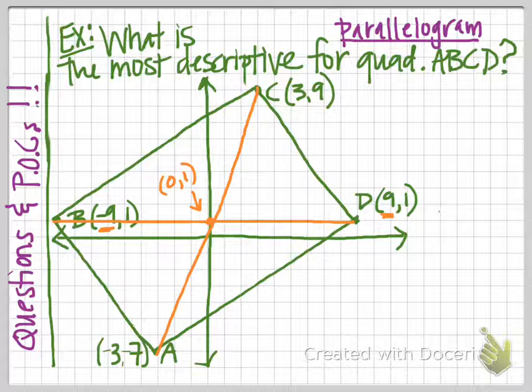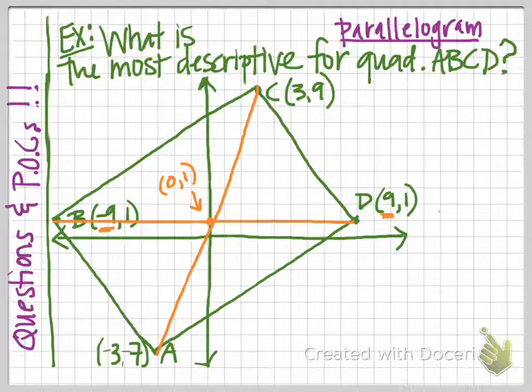Now, I just sketched this. I don't know if my sketch is right, my other diagonal. If my other diagonal has the same midpoint, then that means they're bisectors of each other, which is great. But then we would need to show that they are perpendicular. I'm pretty sure that the diagonals are going to be bisectors of each other because we have a parallelogram and parallelograms bisect each other.